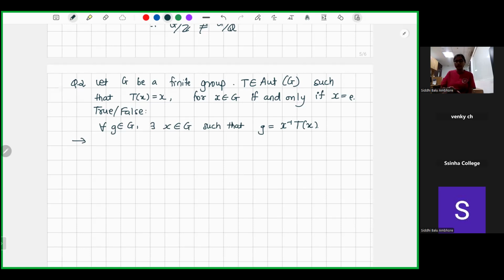Then we have to check whether for every given g, there exists some x such that g is x inverse Tx for this T. So, is this true or false?